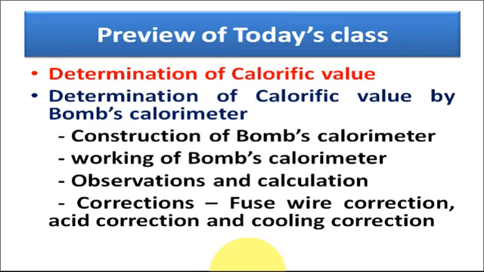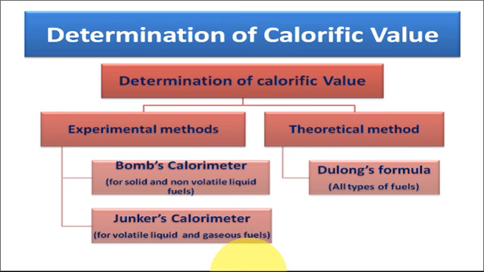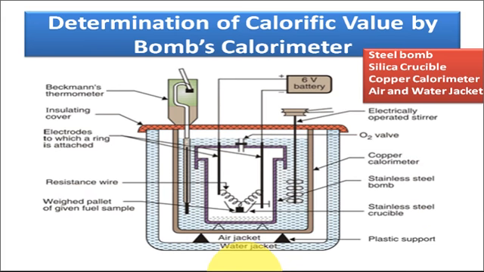If we have a solid fuel or a non-volatile liquid fuel, then Bohm's calorimeter is used, while if we have a volatile liquid or a gaseous fuel, then the Junkers calorimeter will be used. For the theoretical determination, Dulong's formula is used. So let us begin with the determination of calorific value by Bohm's calorimeter.